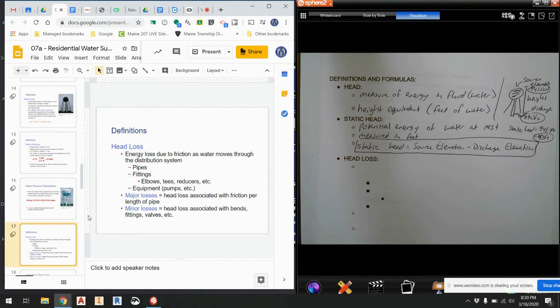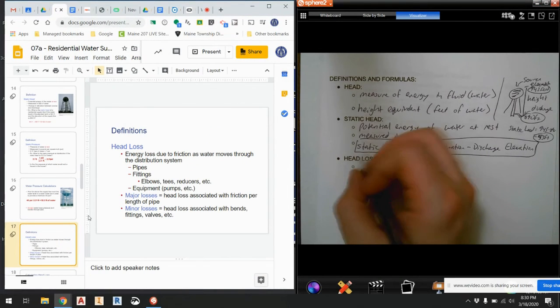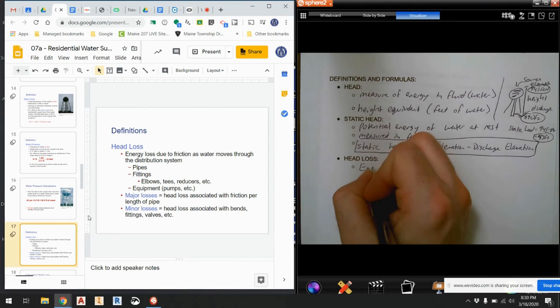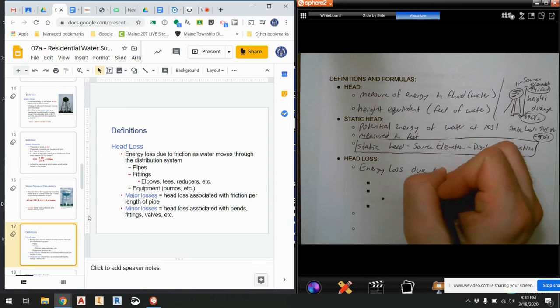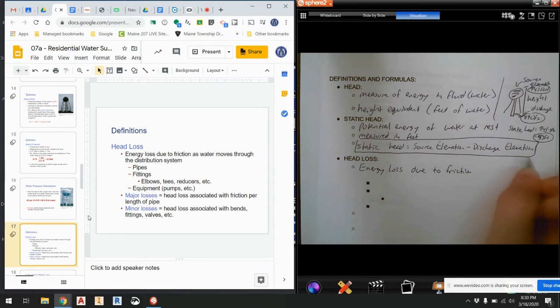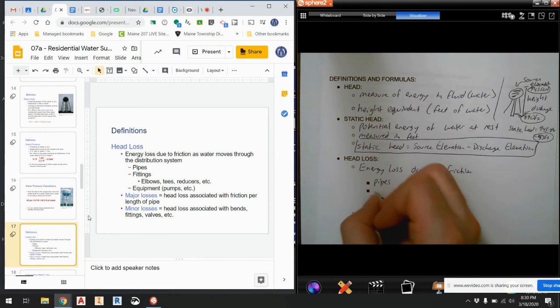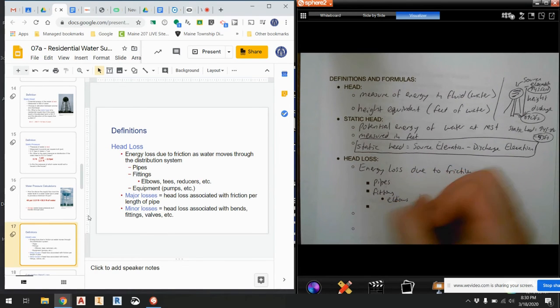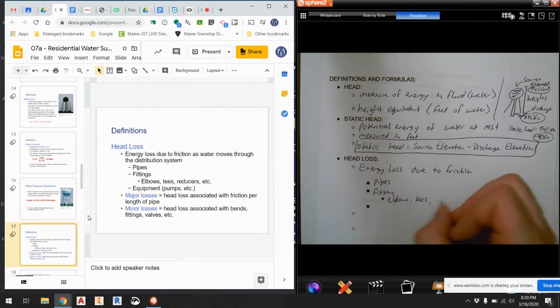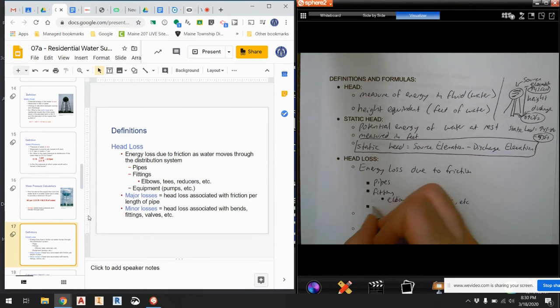head loss. All right, so head loss is energy loss due to friction. So you lose it in the pipes, you lose it in the fittings, which are like elbows when you change direction, T's again when you change direction, valves when you try to control the flow, etc. Other things you can do is equipment, so like pumps and things like that.